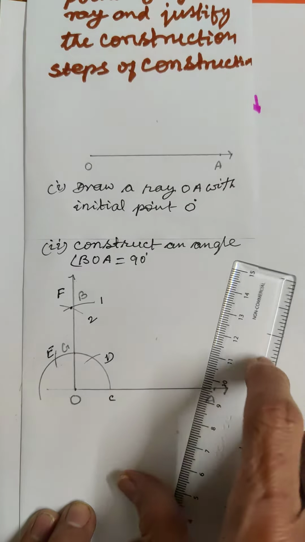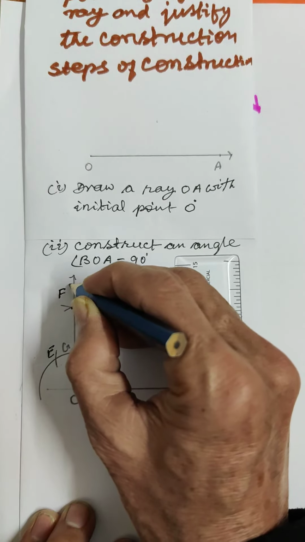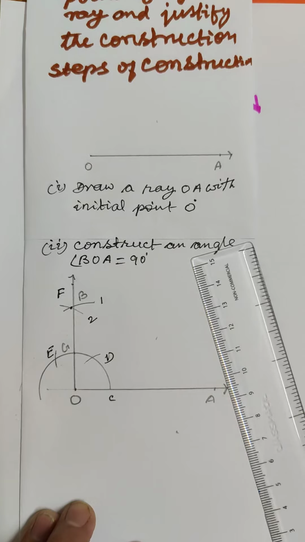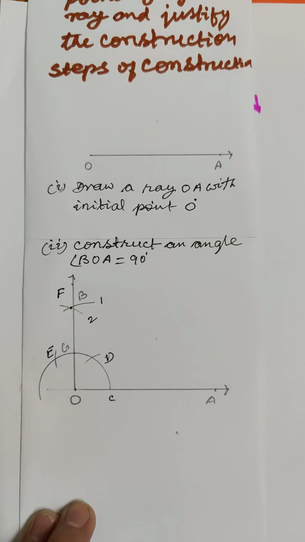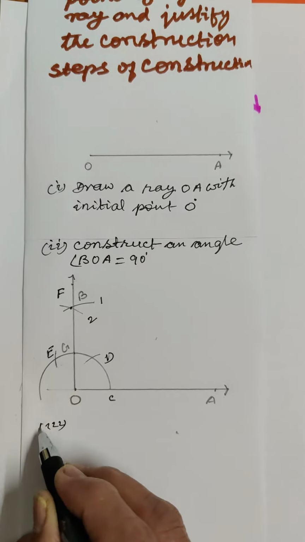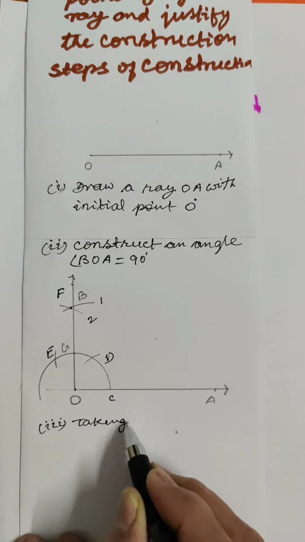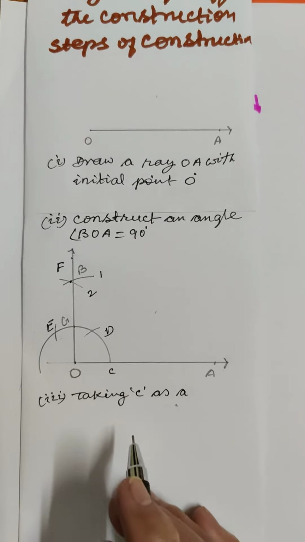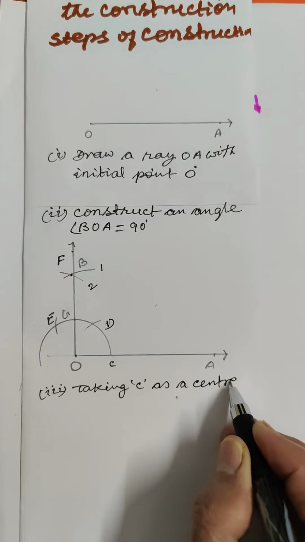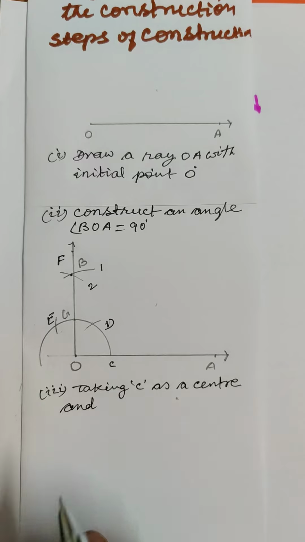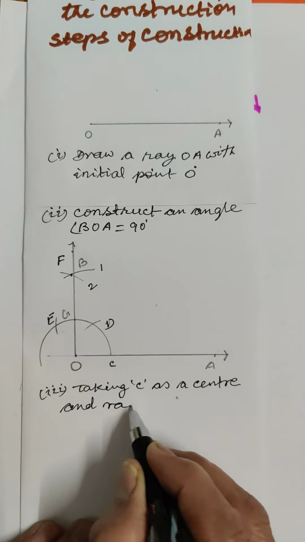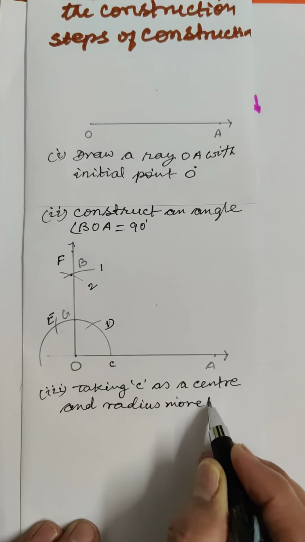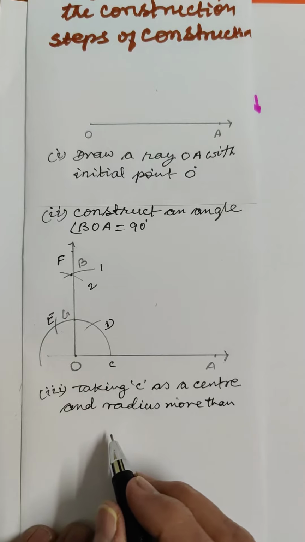Now, third step of construction is taking C as a center, and radius more than half CF.